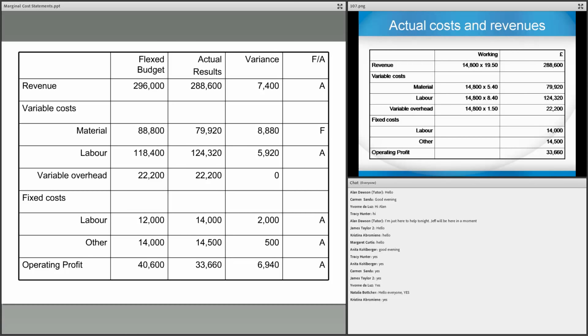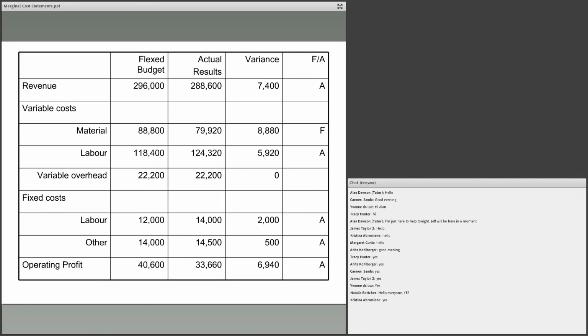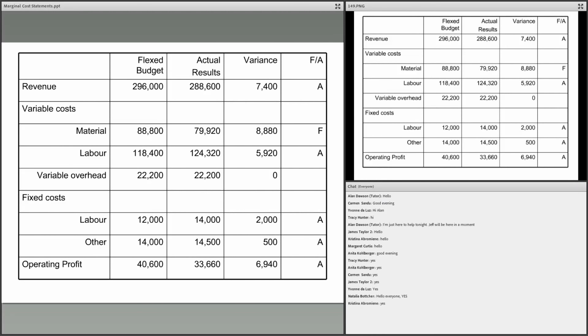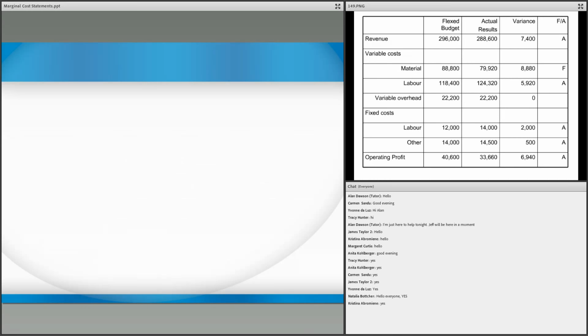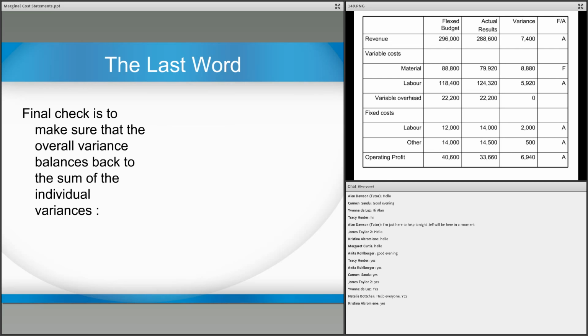So now we've got one final step to take. The table we've just drawn up, we'll pop that in the corner. This next step isn't something that you'll be required to do necessarily, but it's a very useful step to take just to give yourself some reassurance that you've got things right.